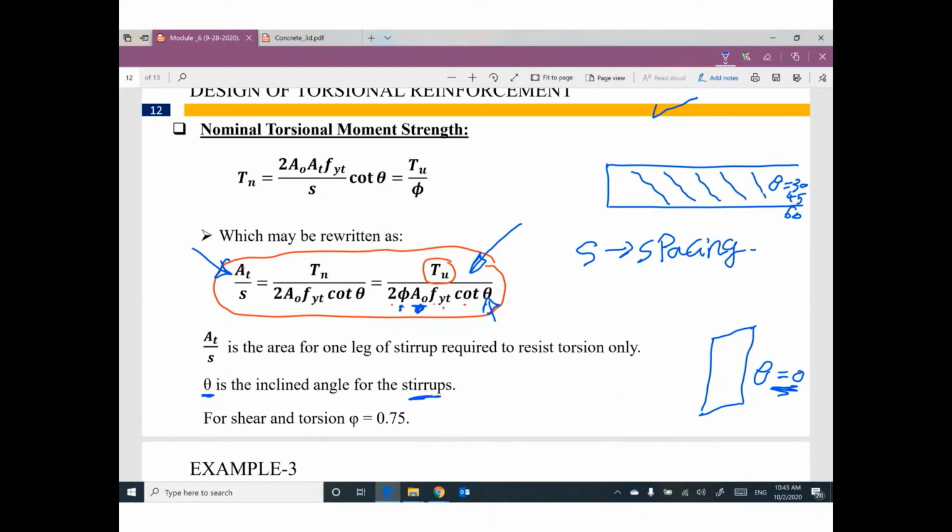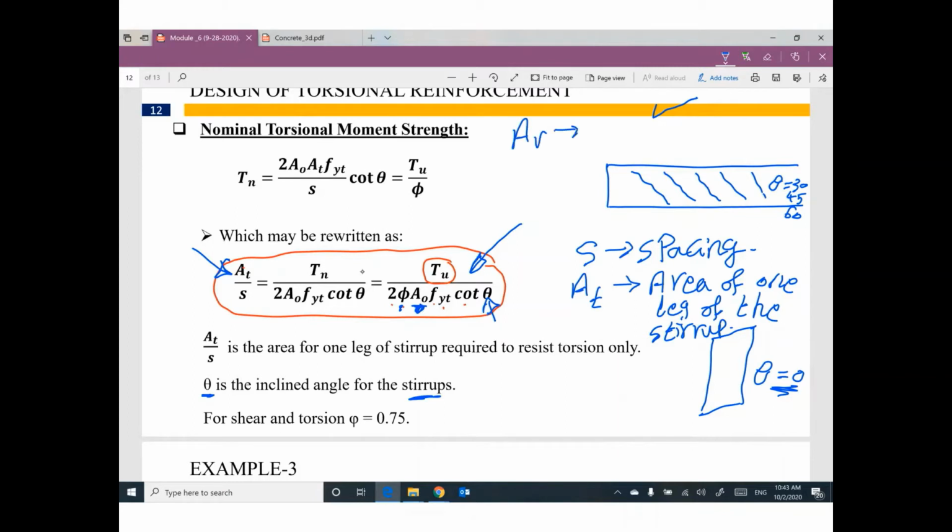Area T, be careful. Area T is the area of one leg of the stirrup. Please be careful. Anybody remember area V for shear?